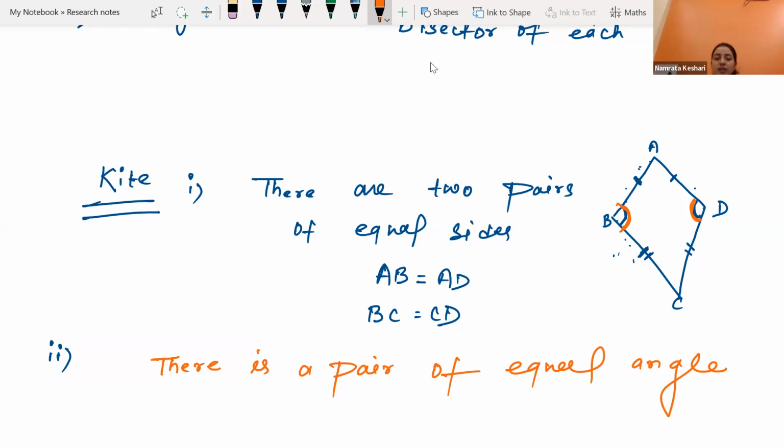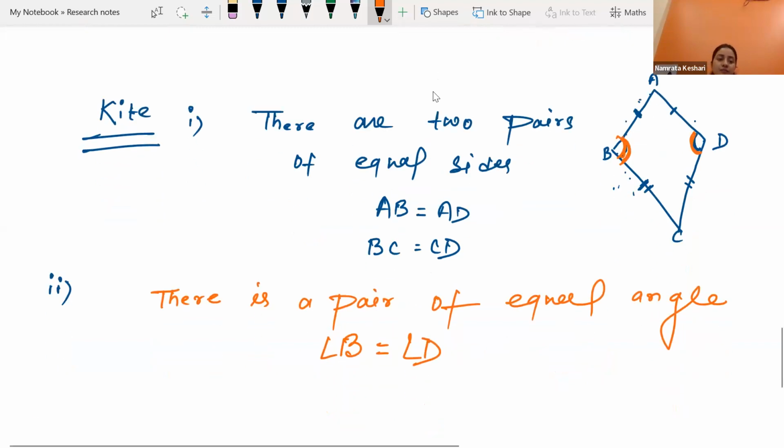Otherwise you can write it like this and mention over here that angle B is equal to angle D. That's what we are talking about. Such an angle, which is found in between two sides that are not equal to each other. AB side and BC side are not equal, and the angle between them, the angle we are getting in between AB and BC, which are not equal to each other, those angles are equal.